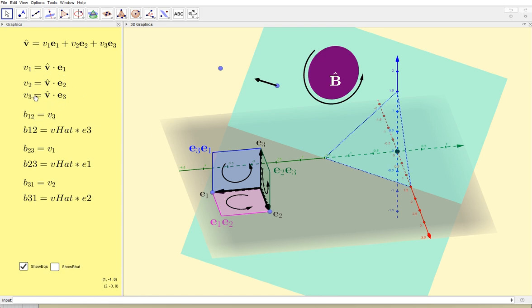So our B12 is V3, so I'll type in exactly what I have here. B12 is equal to v hat times E3; the times in GeoGebra when we're using vectors is the dot product.